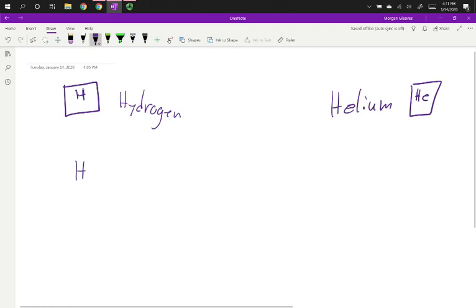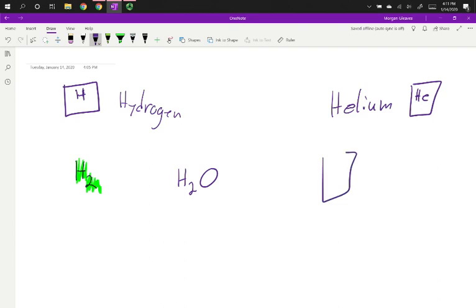If I want to talk about multiple hydrogens, I just put a little number in the lower right. If I have H2, that is telling you that there are two hydrogens there. If I have H2O, the element O is oxygen.